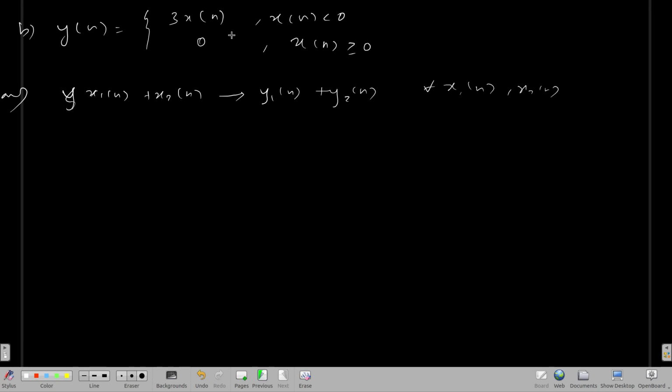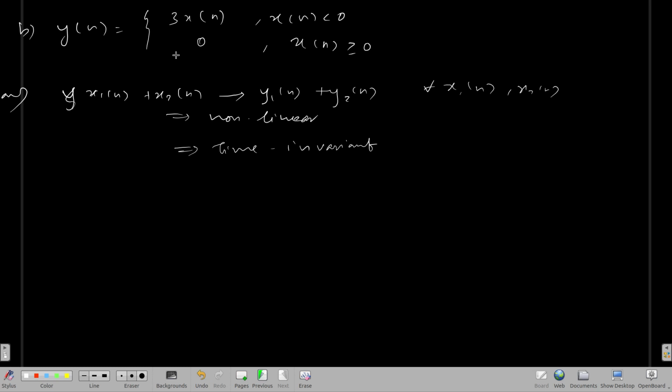We cannot say, and this is sort of piecewise linear, so this is not linear, this is non-linear, right? But anyway, whatever shift we give at the input will directly reflect as a shift in the output, so it is time invariant. Okay.